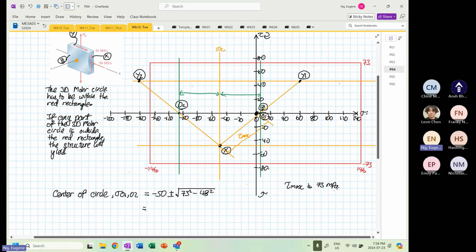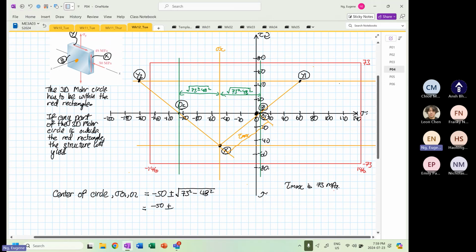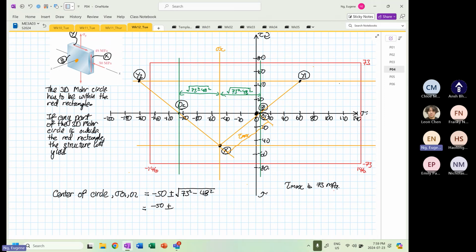This distance is calculated based on the square root of 73 squared minus 48 squared. Likewise, this distance. So when we get this, minus 50 plus or minus the square root of 73 squared minus 48 squared, the square root of the whole thing is 55.